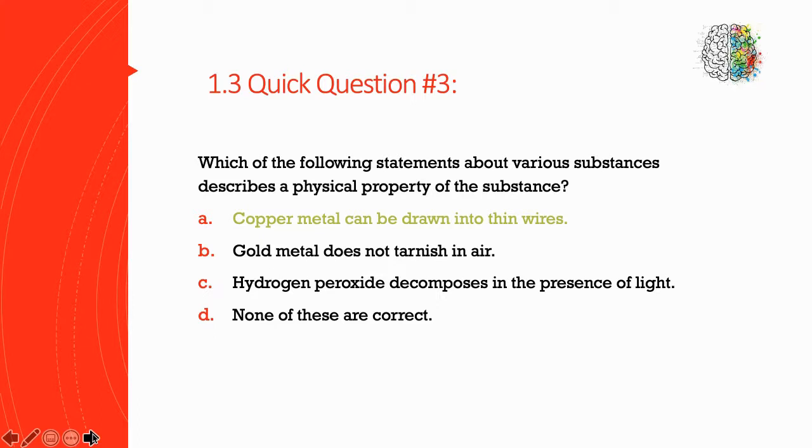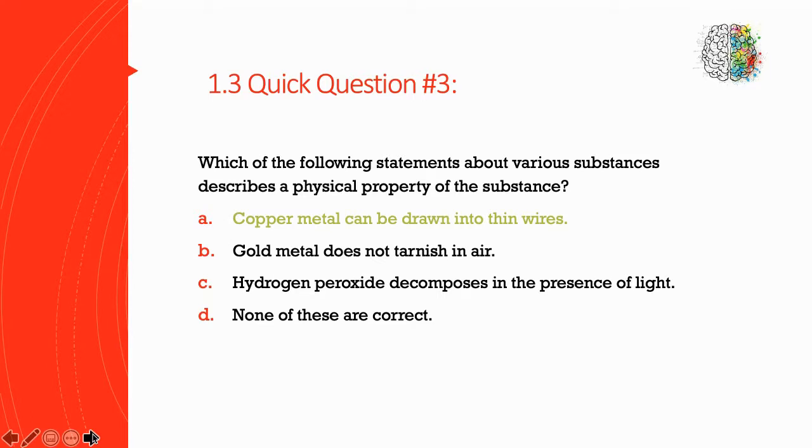So we can take copper metal and heat it up and kind of draw it out into really thin wires, but it's still just copper metal. So nothing has changed here. This is a physical property. Gold metal does not tarnish in air.